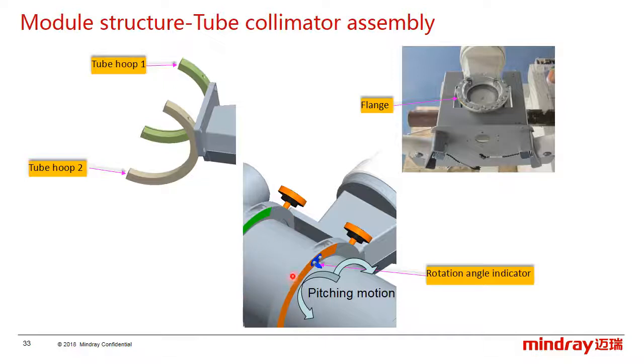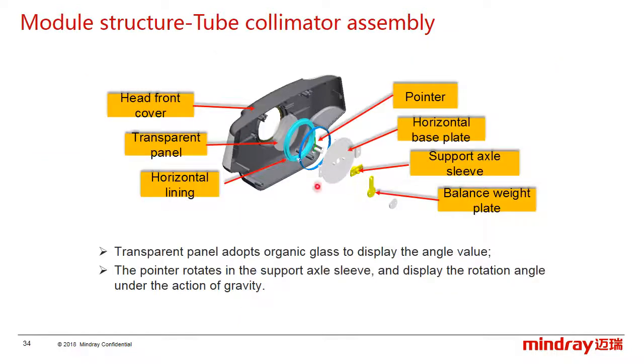If you want to rotate the tube in pitching, you have to loosen these two rotary screws, and then you can rotate the tube. And here there is a flange under the tube, and the flange is used to connect.